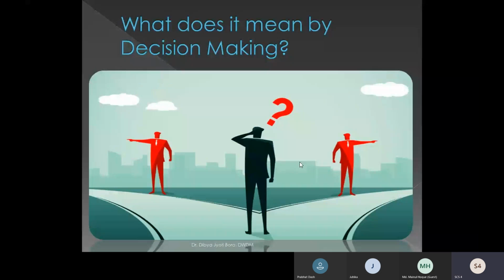So when alternatives are there, you are bound to make a decision. So that's it. Is this clear to you or not? I think it is clear.